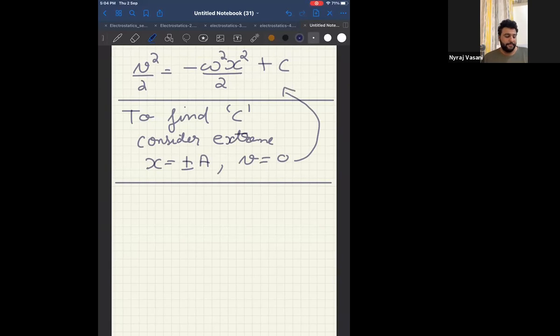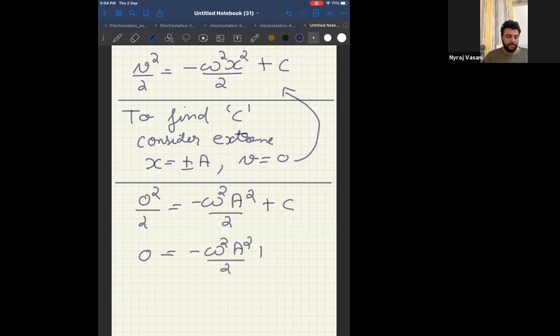Therefore, I'll get 0 square by 2 is 0, which is equal to minus omega square a square by 2 plus c.